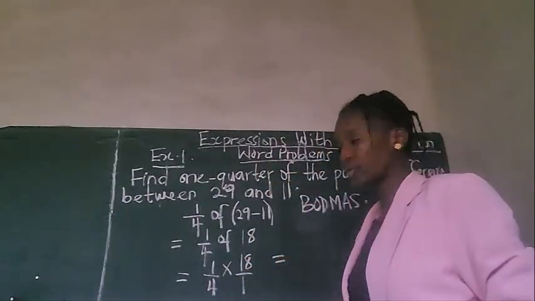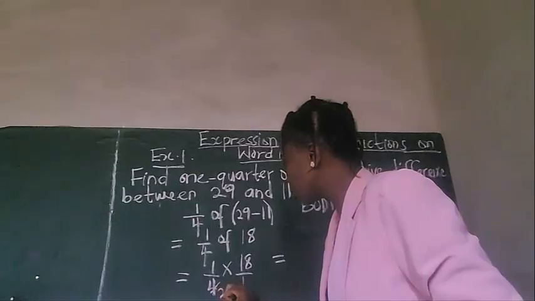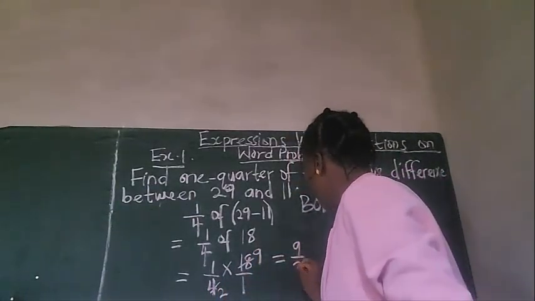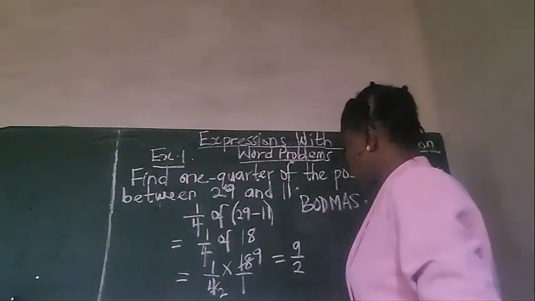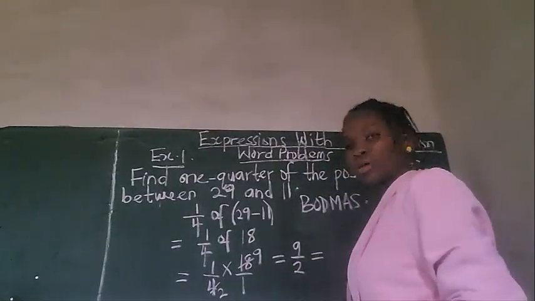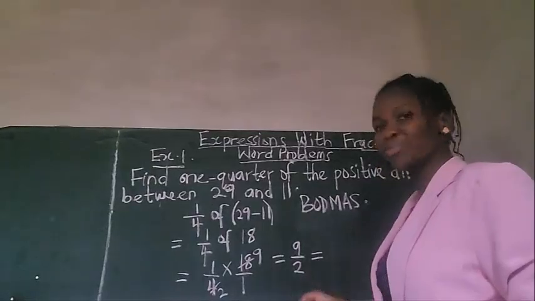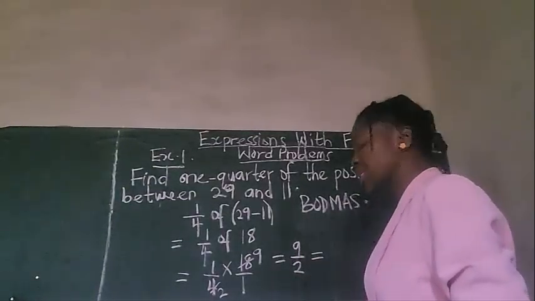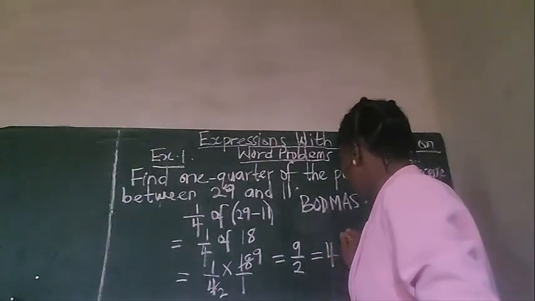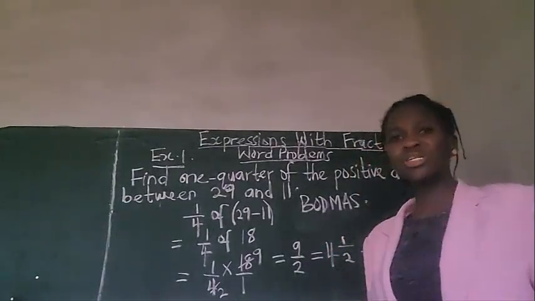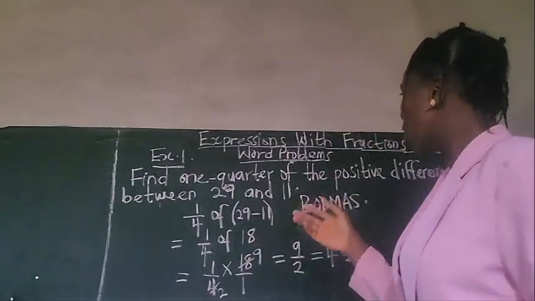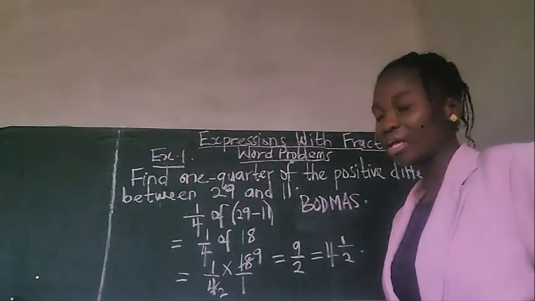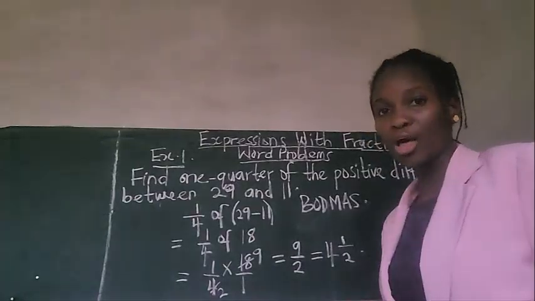So from here, you have 2 here, 2 in 18, 9. So the answer is 9/2. This is an improper fraction, so let's take it to a mixed fraction. How many 2s will you see in 9? 4. Remaining 1/2. So this implies that 1/4 of the positive difference between 29 and 11 gives 4 1/2.